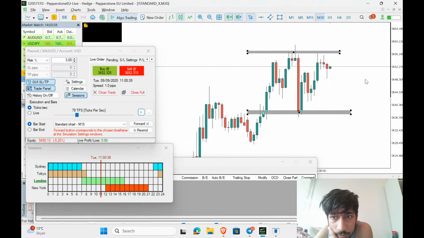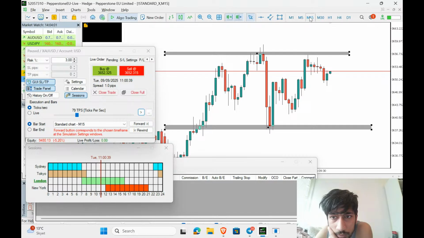We found support but still no move up. M15, nothing.